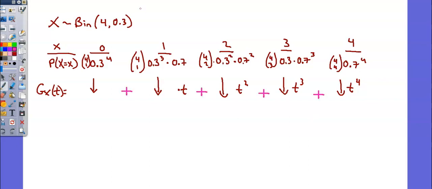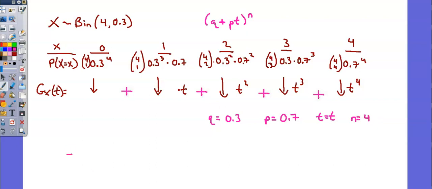And in this scenario, we might be asked to find a probability generating function in the form of (q plus pt) to the power of n. And I can observe that the relevant values are q is 0.3, p is 0.7, t is simply t, and n in this binomial is 4.